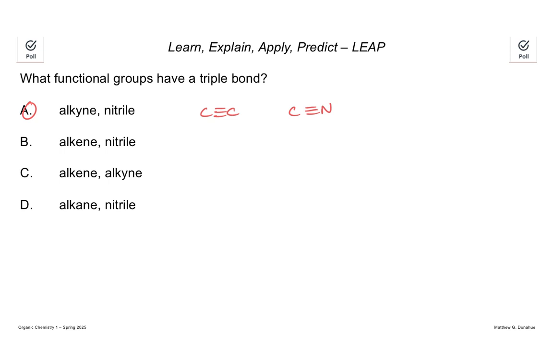So B and C both have alkene, and we know that that's a carbon-carbon double bond. D has alkane, that's a carbon-carbon sigma bond. So again, the point of this exercise is when you see that functional group name, what does it look like chemically? What's the bonding pattern?